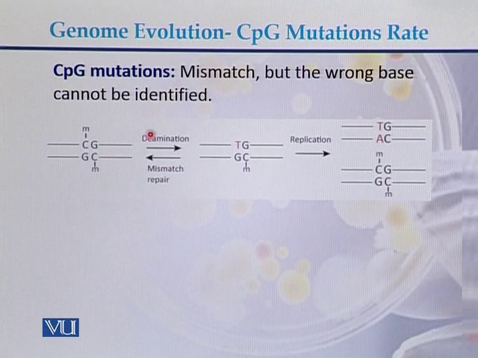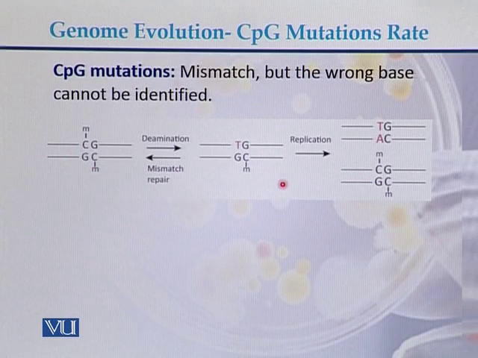But if there is deamination of this cytosine, it will convert it into thymine. So instead of a methylated cytosine, here will be thymine. When the DNA replicates from these two strands, this thymine will produce its complementary strand, that is adenine, and this C and G will produce the original strands of the DNA.